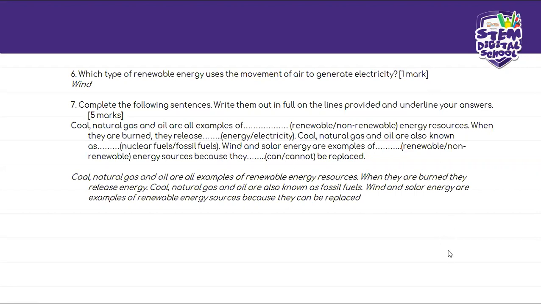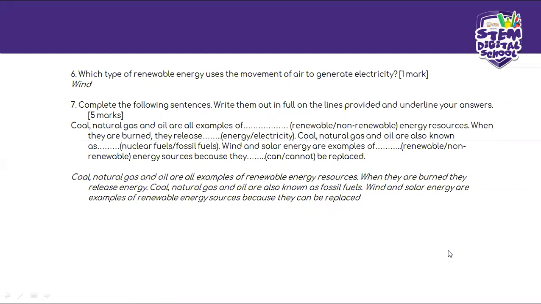All right. Let's continue. So if you complete the missing words, then our paragraph should read like this. Coal, natural gas, and oil are all examples of non-renewable energy resources.